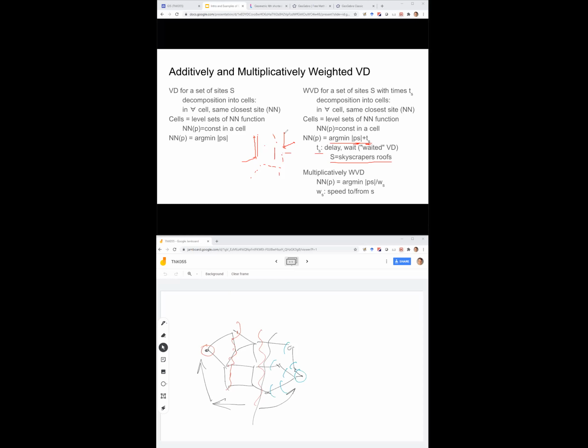Okay, so this is something called additively weighted Voronoi diagram, because associated with every point, you have a weight. Well, the weight is T, but again, one of my students was saying that it has the weight associated. So this is a weighted Voronoi diagram where weight is how much you have to wait in here.